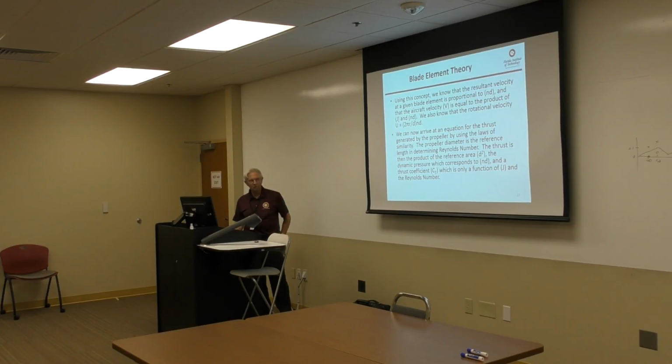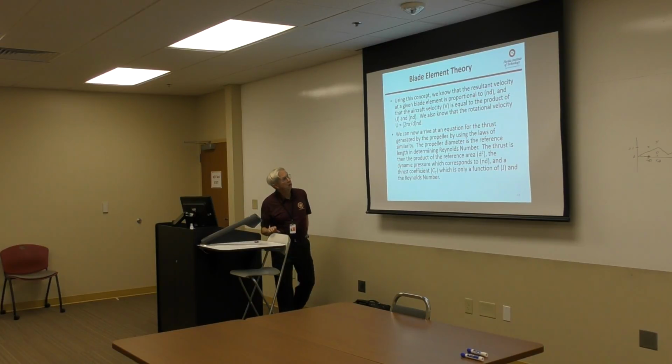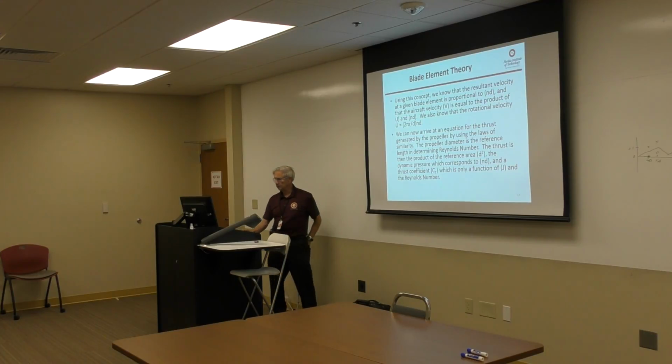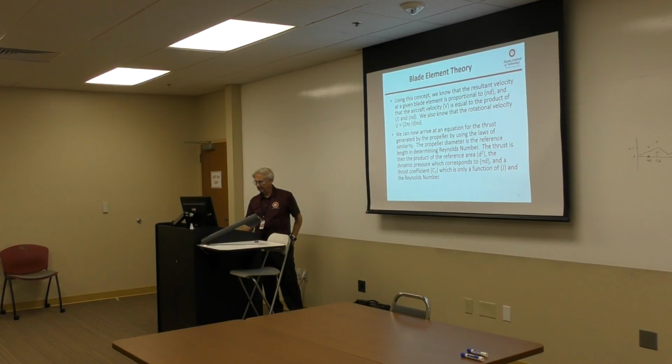And the rotational velocity, U, is equal to 2 pi times the radius divided by the diameter, times revolutions per second, times the diameter. So we can arrive at an equation for the thrust generated by the propeller using the laws of similarity. And the propeller diameter we use as the reference length in determining the Reynolds number.